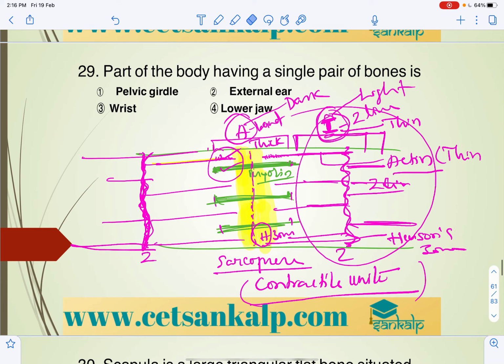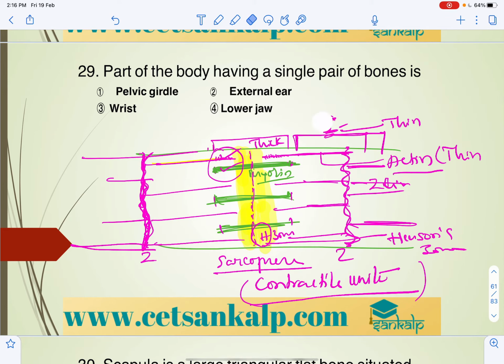Part of the body having a single pair of bones. So where exactly can we find a single pair of bones? In the external ear, generally no bones, and the lower jaw is not a pair, it is actually a single one.